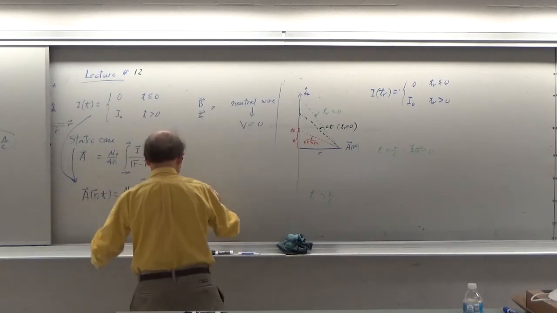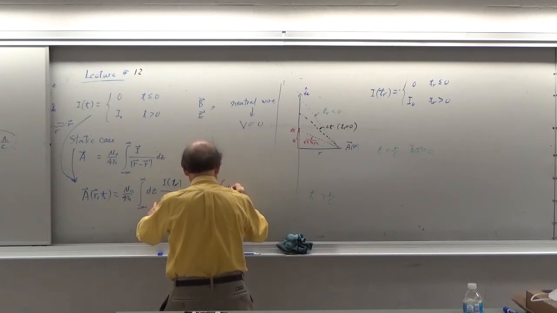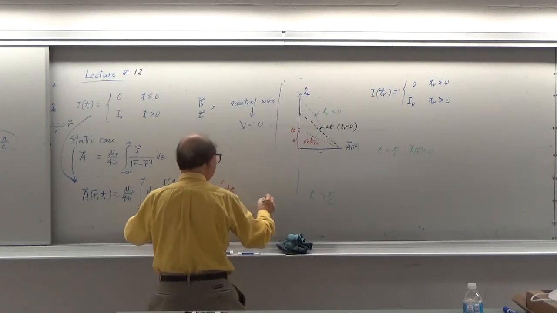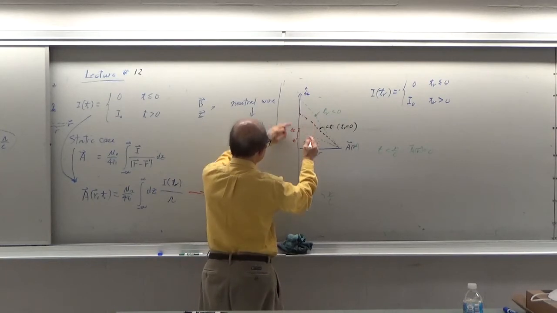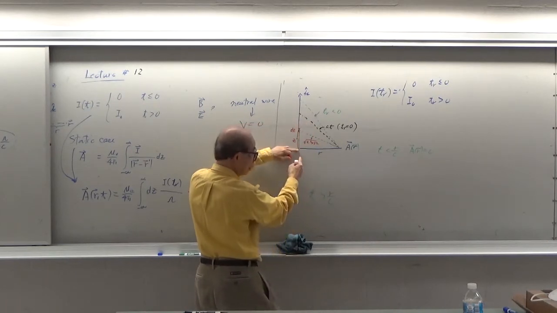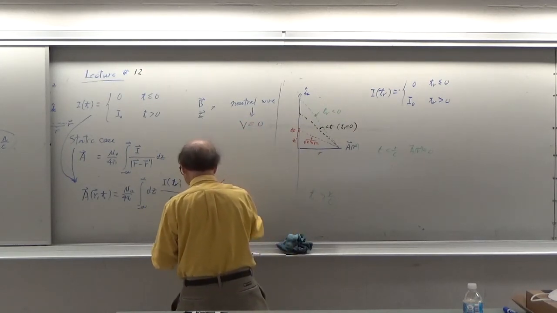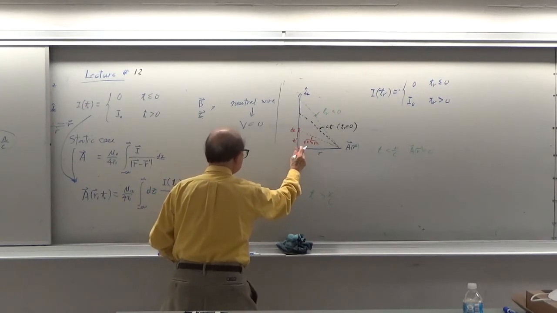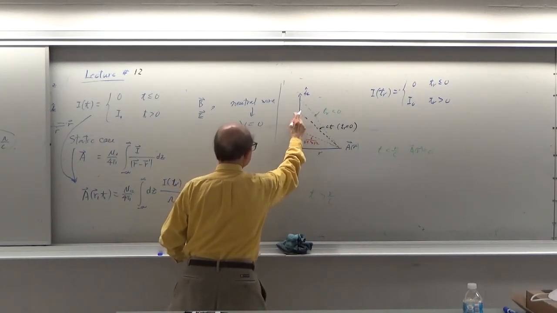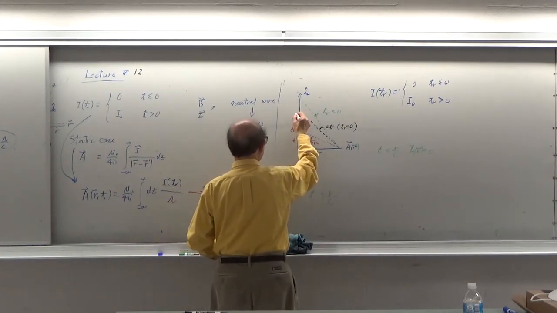The calculation is simple. All we have to do is to integrate over z. Of course, this is symmetrical up and down, so we have to include the contribution coming from below, which gives a factor of 2. If I start the integration from z of 0 up to this point, what's this?